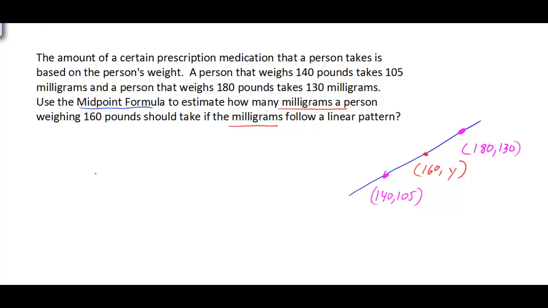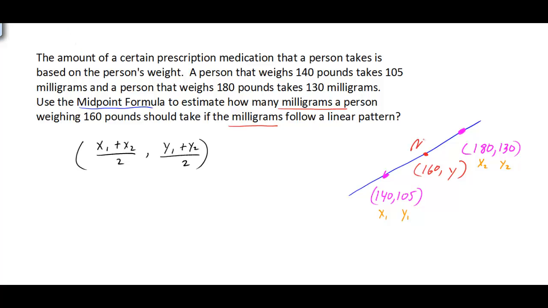If you recall, the midpoint formula says you're simply going to add your x values together, so x1 plus x2 divided by 2, and then y1 plus y2 divided by 2. For our example, I'm going to call this one x1, y1, and this point x2, y2.